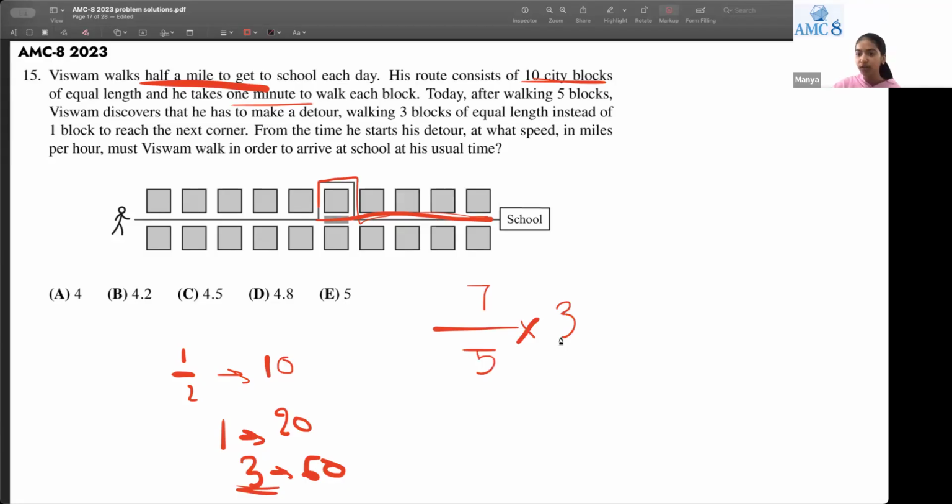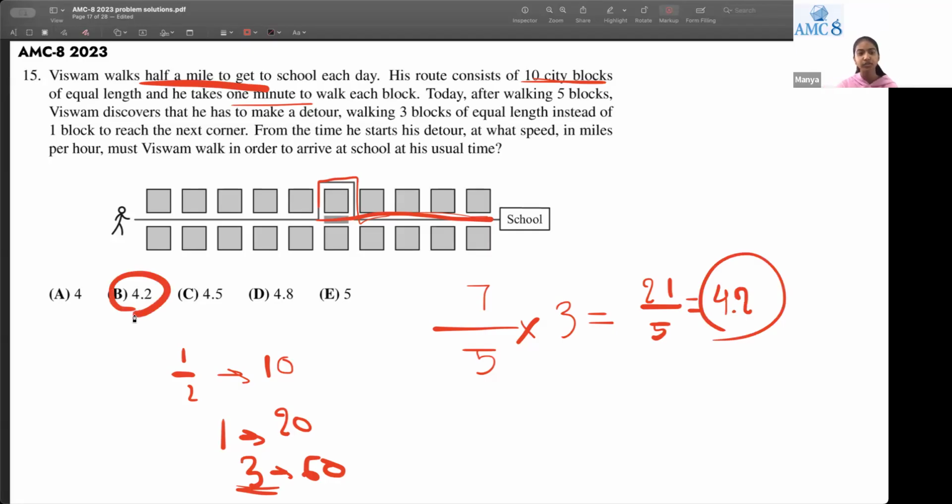But now, instead of 5, we have to add an extra 2 blocks. So that means that 7 by 5 times 3 would be equal to 21 by 5, which will be equal to 4.2. And that's how we got our answer choice B.